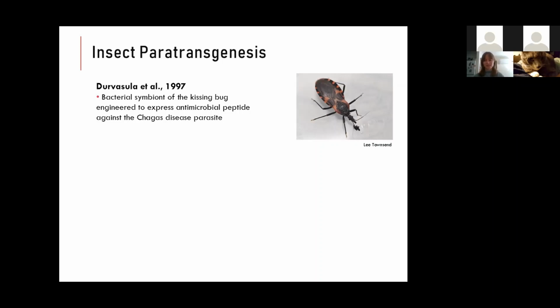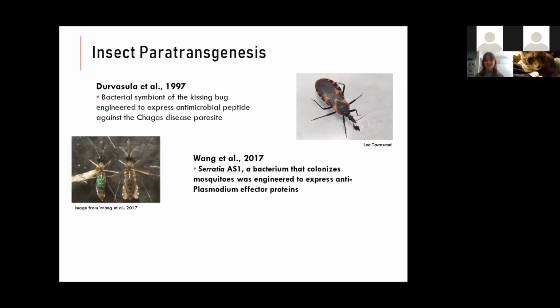Recently, there have been more buzzy examples. There was one where they engineered a bacterium that lives inside of a mosquito gut, Serratia AS1, to express an antiplasmodium effector protein, to control the spread of malaria. And if we think about other things we can do with these sorts of bacteria, you can also engineer them to protect insect health for beneficial insects.